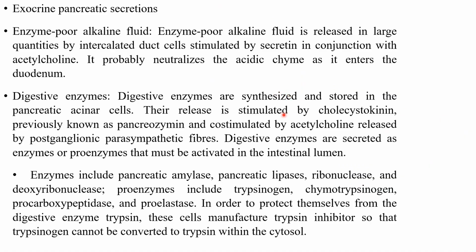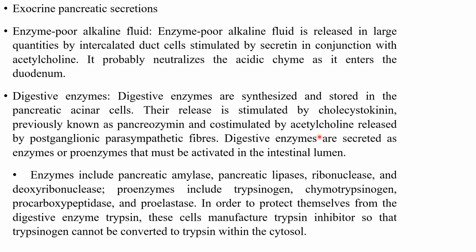The function of exocrine pancreatic secretions: there are many enzymes that are responsible for digestion secreted by the exocrine pancreas. And along with that, many other proteins and fluids are secreted.